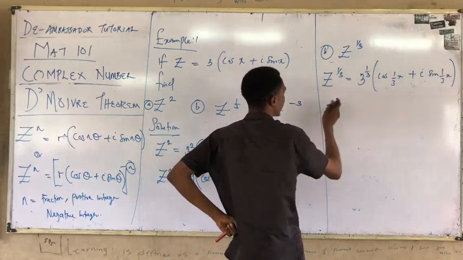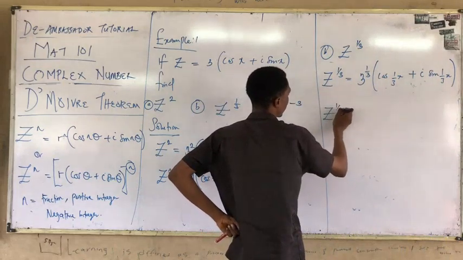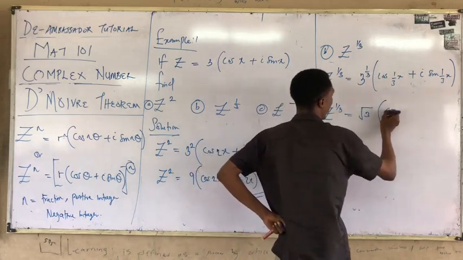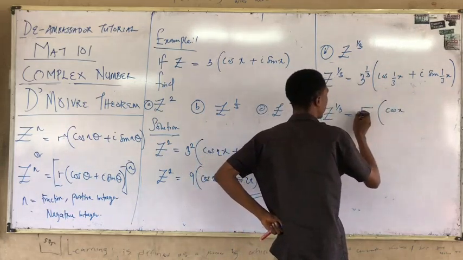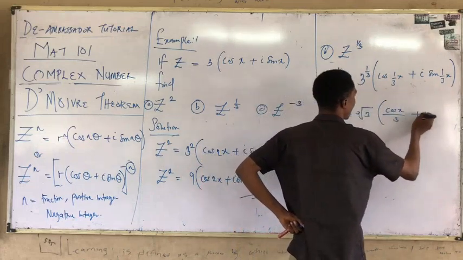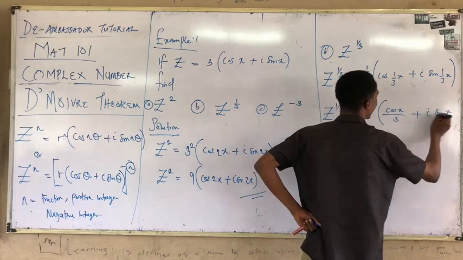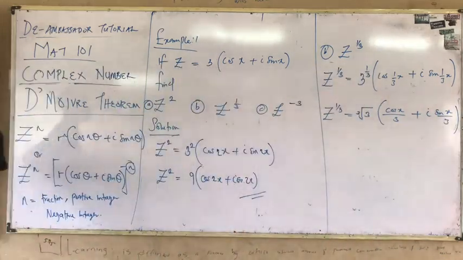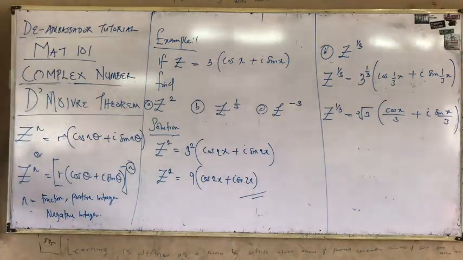What will it give you? The cube root of 3, then what do I have here? Cos x over 3, then i sine x over 3. That's de Moivre's theorem. Taking it gently, I'm going somewhere now.